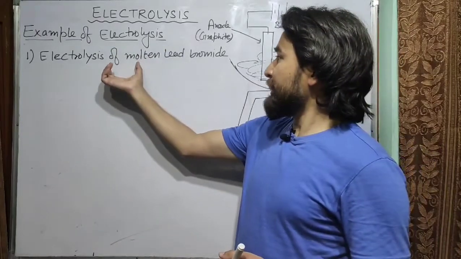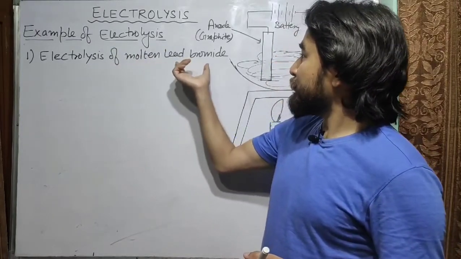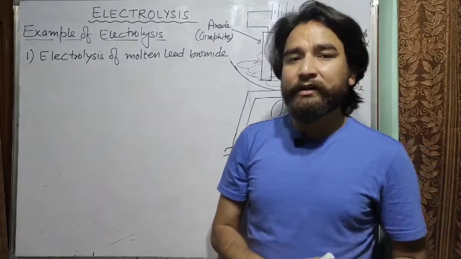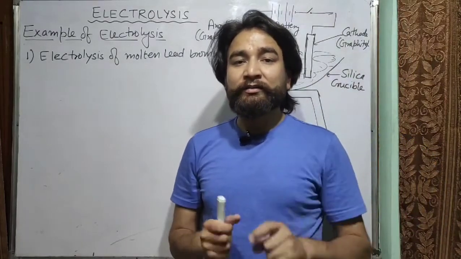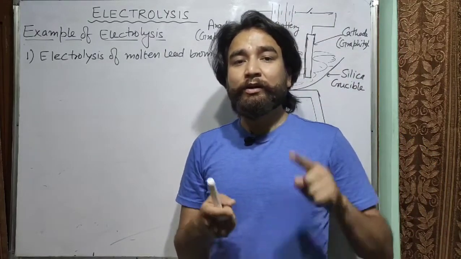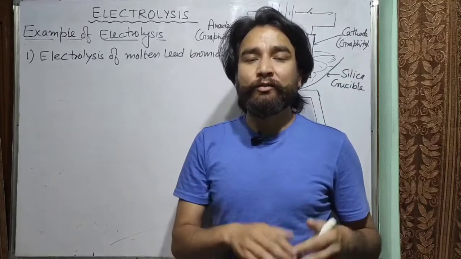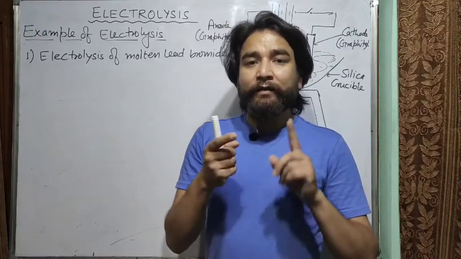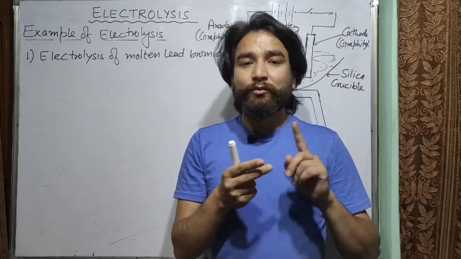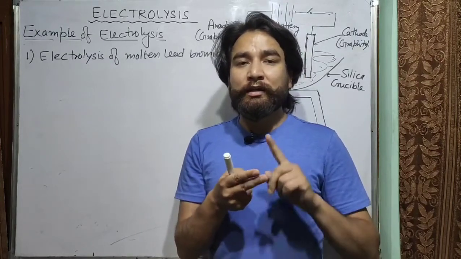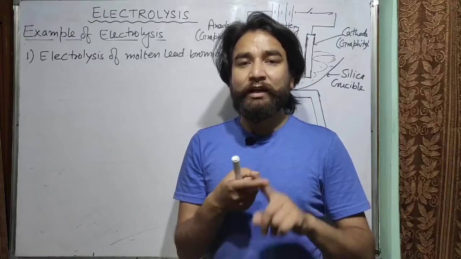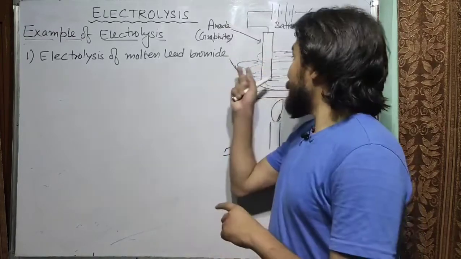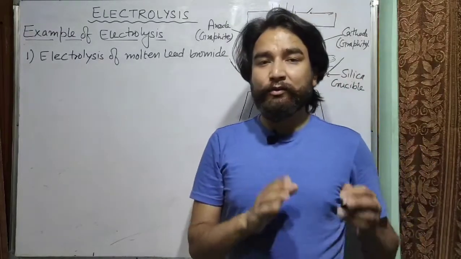So the first example of electrolysis is electrolysis of molten lead bromide. Now the things that you have to remember during the process of electrolysis in the examples of electrolysis are, number one, the electrodes, which is cathode and which is anode, means what type of electrode is cathode and what type of electrode is anode.